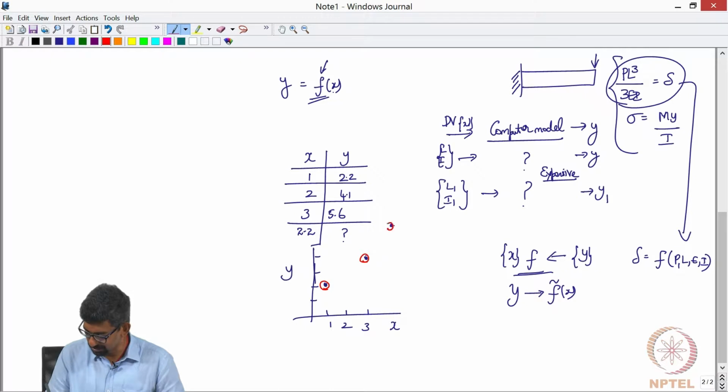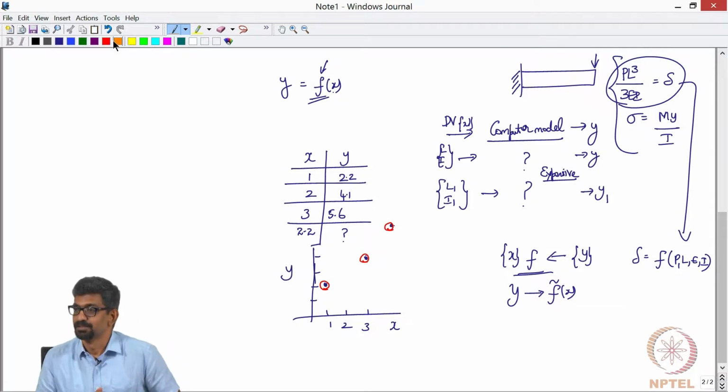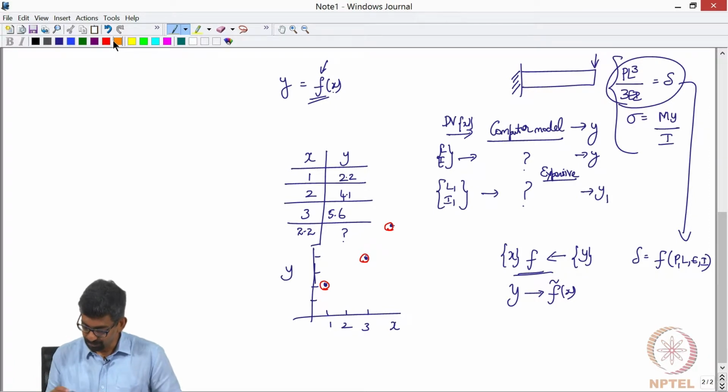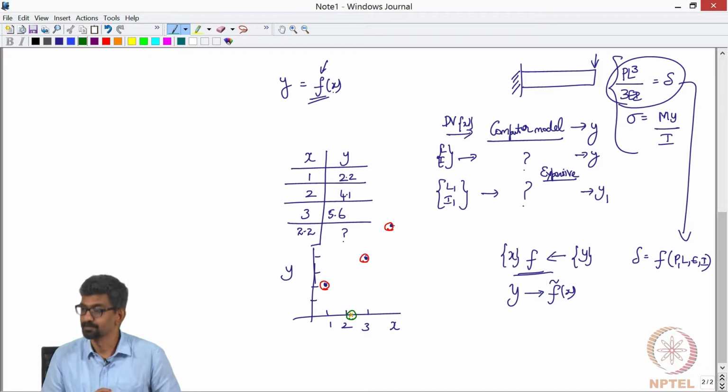The red circles are the data. Now, I am asking, can you tell me at 2.2 what will be the value of y? How can you find it?